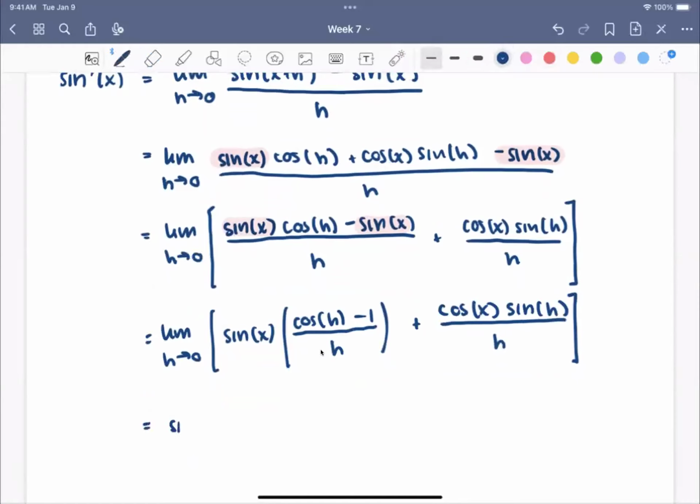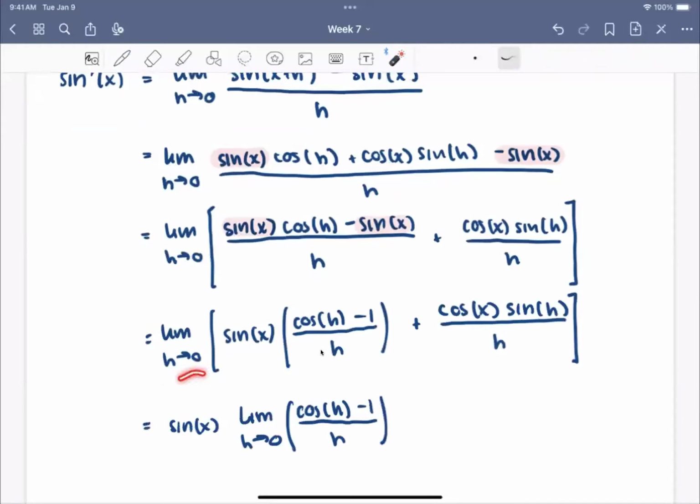So I'm going to pull out sine x, and then I have the limit as h approaches 0 of this other stuff, cosine h minus 1 divided by h. And then I also have a second limit, so I'm going to use the sum law for limits. For this one, cosine of x is the constant. This doesn't involve h, so I can pull that out.